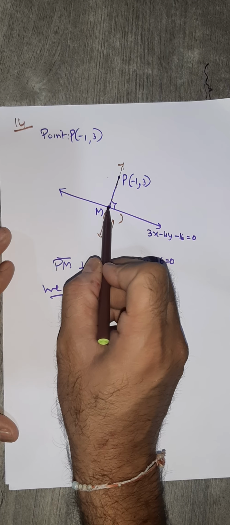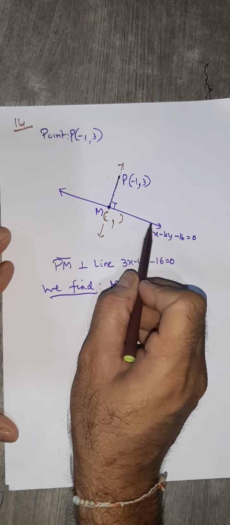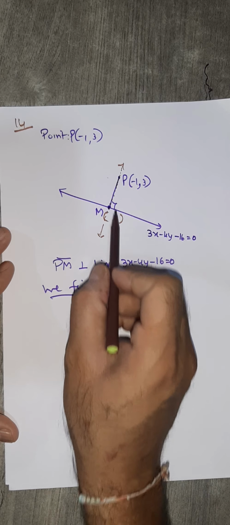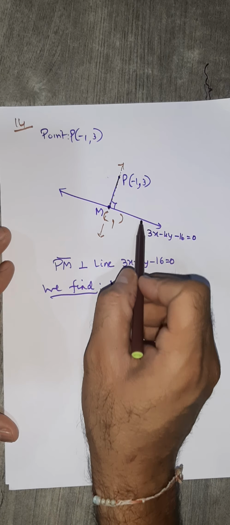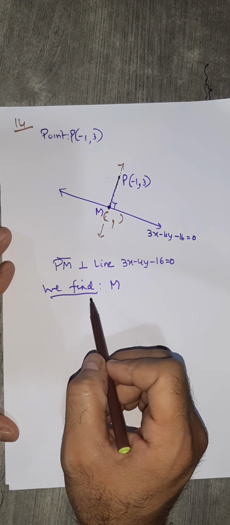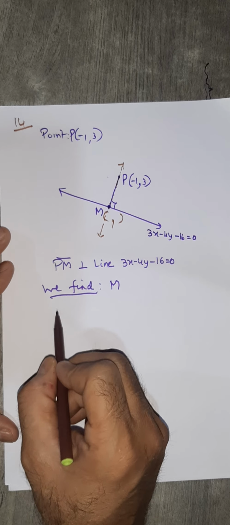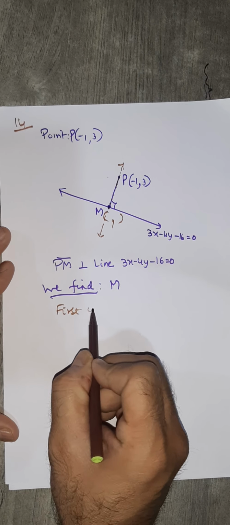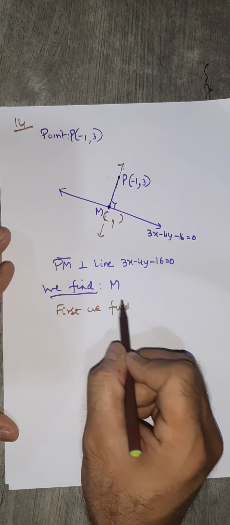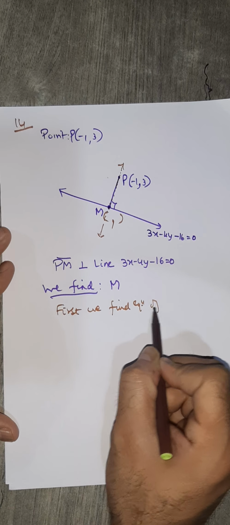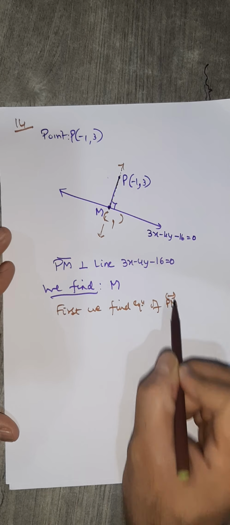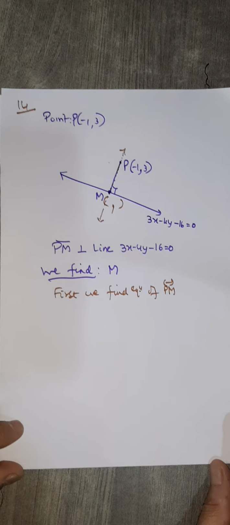M is indirectly the intersection of this line and this line. How do we get the intersection point? By solving these two equations. So first we find the equation of which line? PM, line PM.